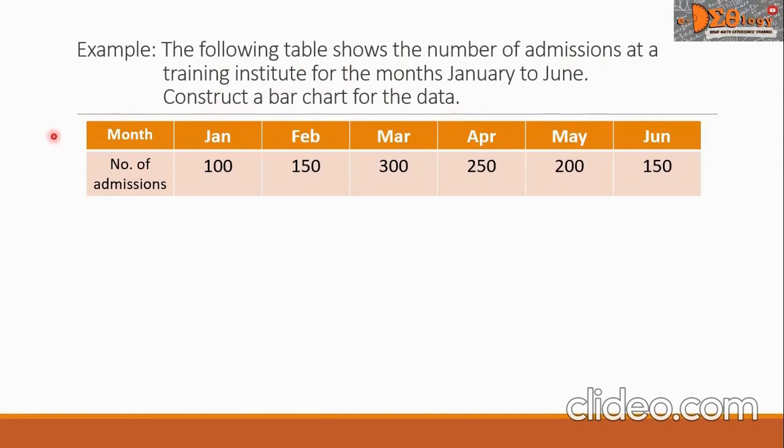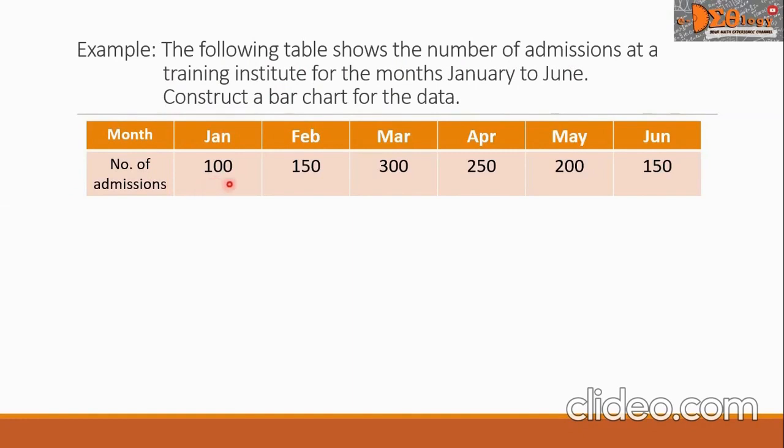We have a table here with two rows. The first row is for category month, and the months are listed January, February, March, April, May, and June. The second row is the number of admissions, or we can say the frequency.